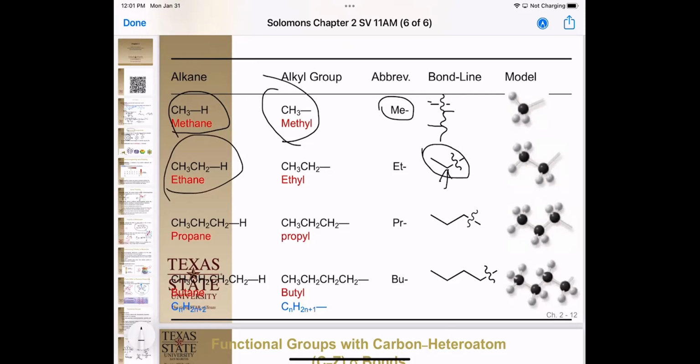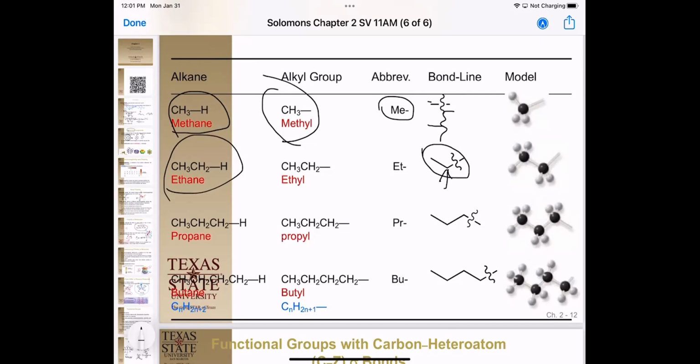This carbon's the one that's bound to the large molecule. And this substituent is called the ethyl group, and the YL tells you it's hooked to a bigger molecule. It's a substituent. So when meth is hooked to a larger molecule, it's methyl, YL. Not YN. YN is alkyne, YL, a substituent.